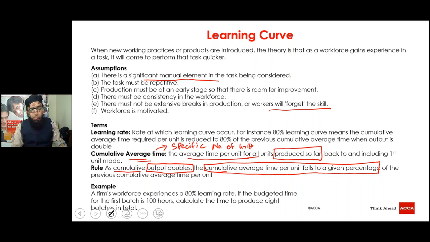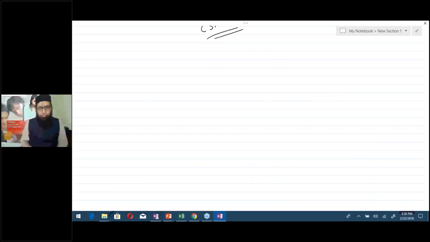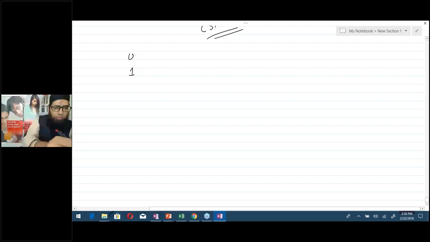For this, let me open the OneNote document. These will be my units, and this will be the total time.